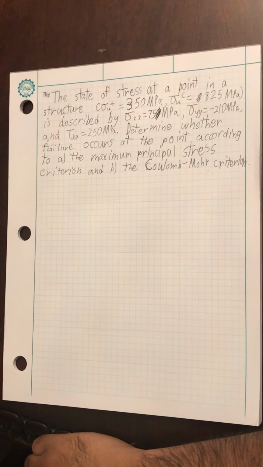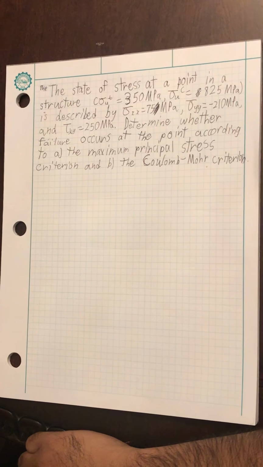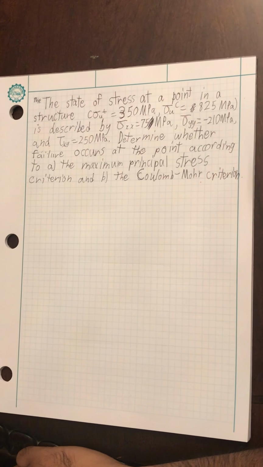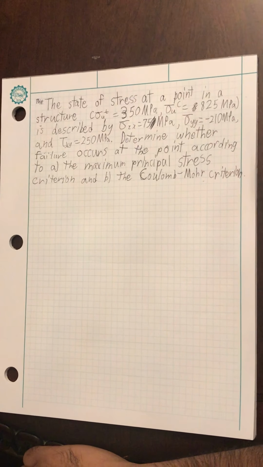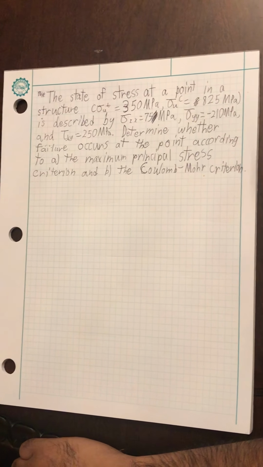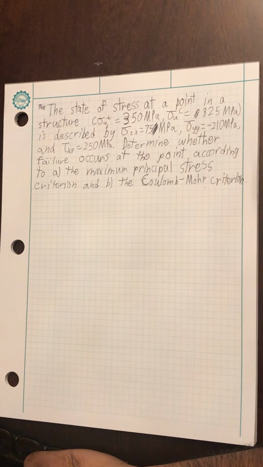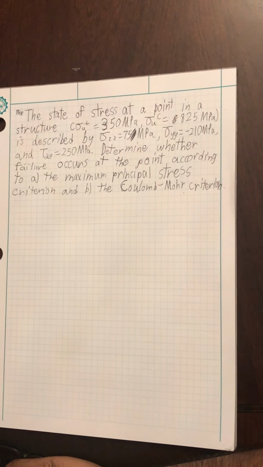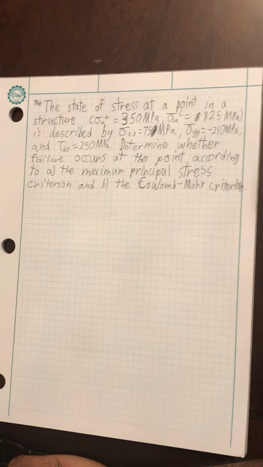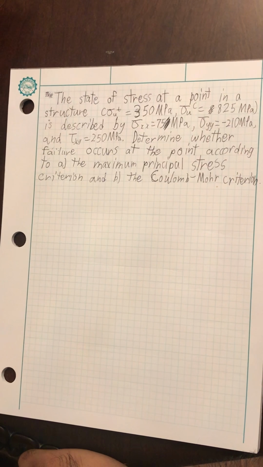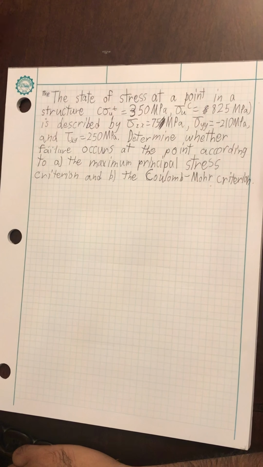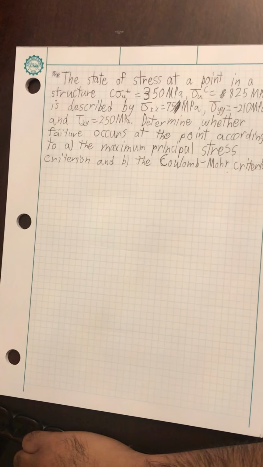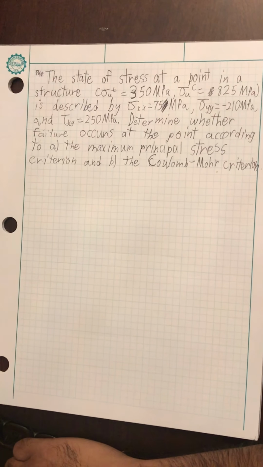This time it relates to the maximum principal stress criterion and the Coulomb-Mohr criterion. The state of stress at a point in the structure: sigma UT, the tension, is equal to 350 megapascals, and sigma UC equals 825 megapascals.